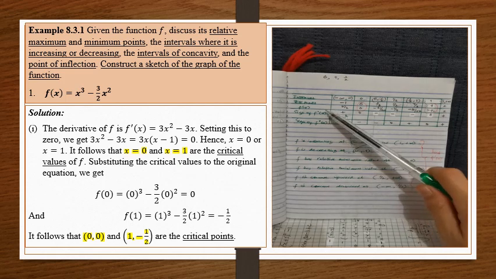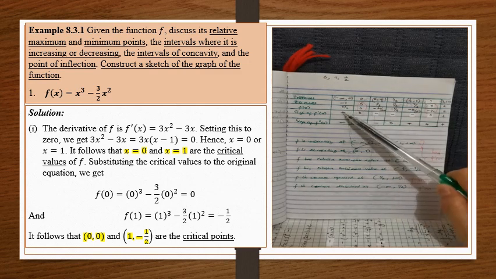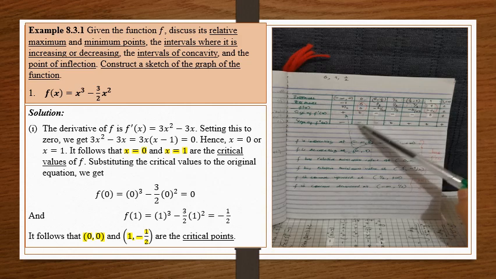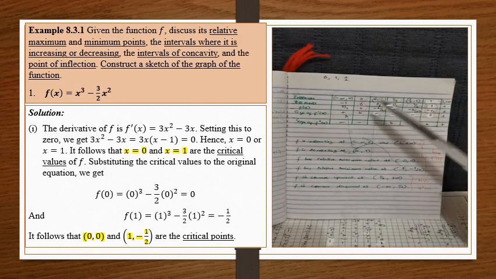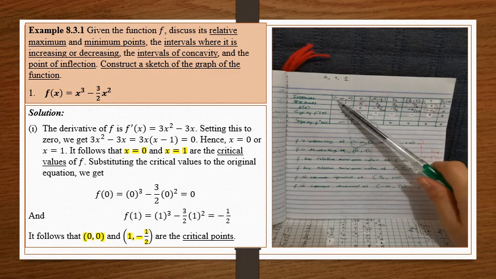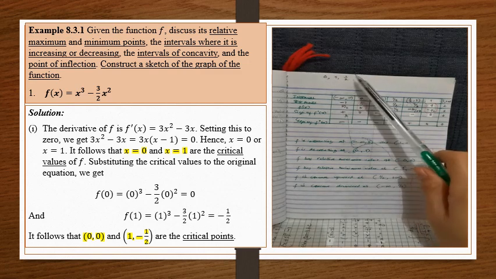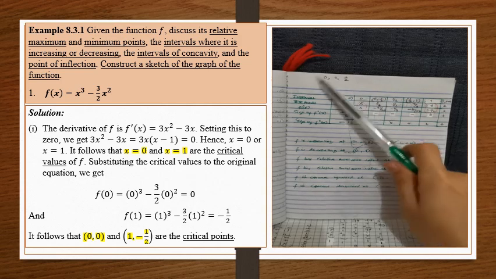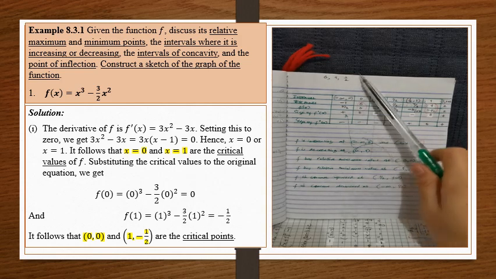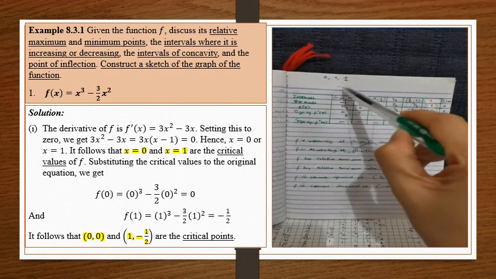So, ibig sabihin nun, yung test points natin na yung gagamitin natin dito para malaman natin kung ano yung ilalagay natin dito na mga signs. Okay, so ano yung magiging basis natin sa interval? So, yung nakuha natin na critical values at saka si point of inflection is iipunin natin yan, and then after that, i-arrange natin sa number line.